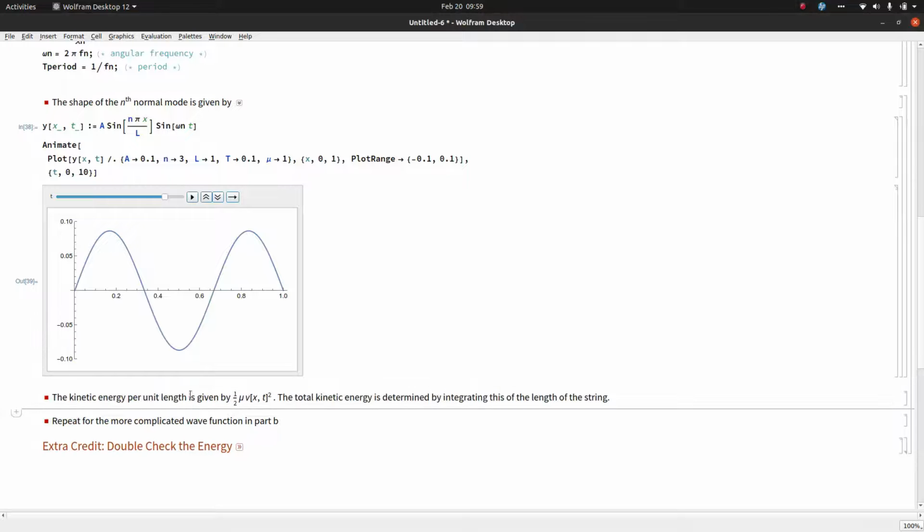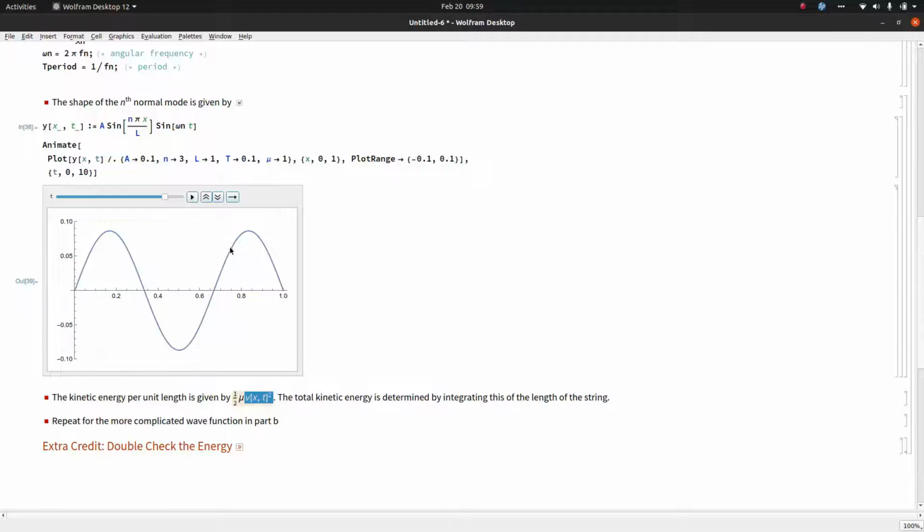So what I'm going to do, I'll throw in another bullet here. We have the total kinetic energy per unit length is given by 1/2 the mass per unit length times the velocity of that point on the string. So what we're imagining here is we are breaking the string up into infinitesimal elements. So let's say I'm looking at some small piece of the string right here.